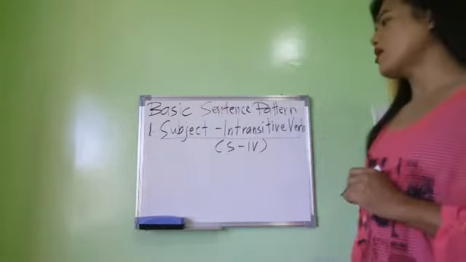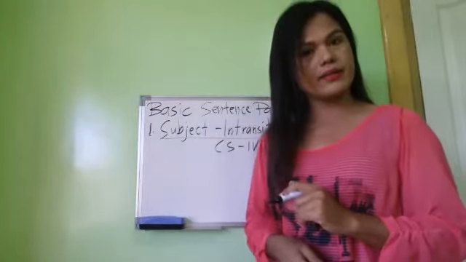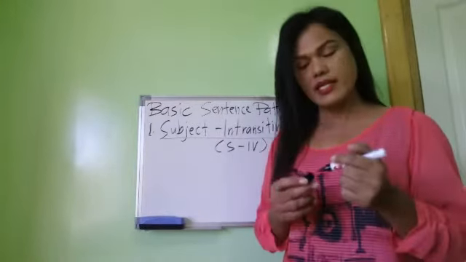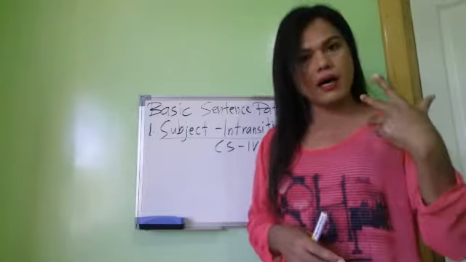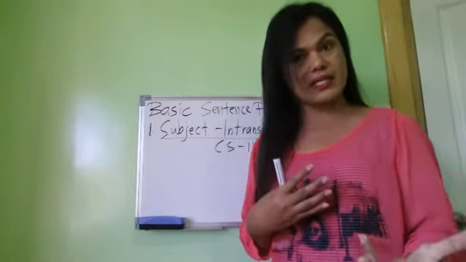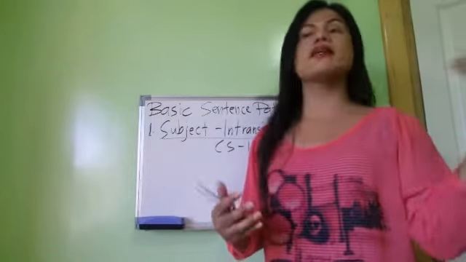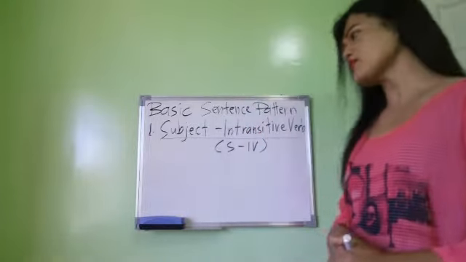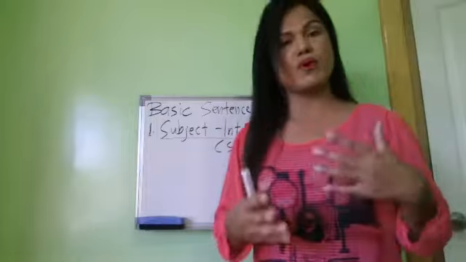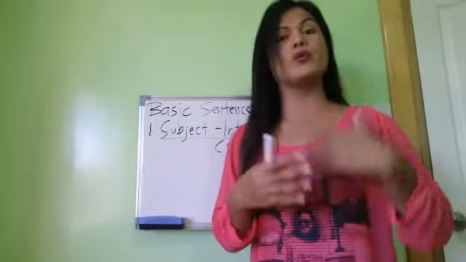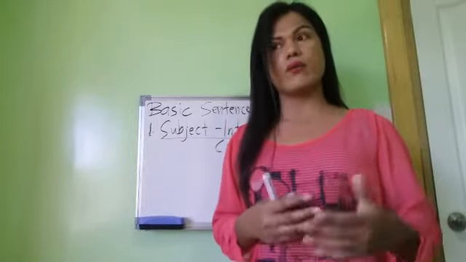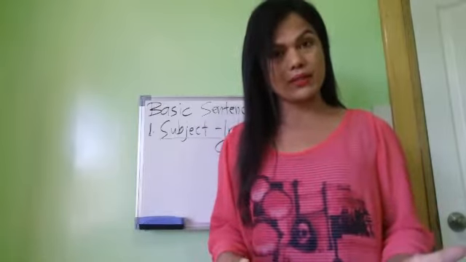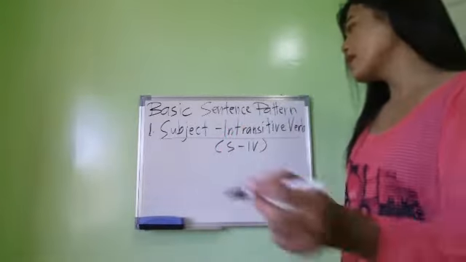Now, what is a subject? Basically, a subject is a person. It could be a place or a thing or anything under the sun and under the sea. The subject is the one doing the action, or the one we are talking about. That is the meaning of subject.